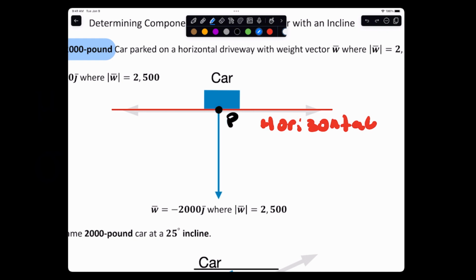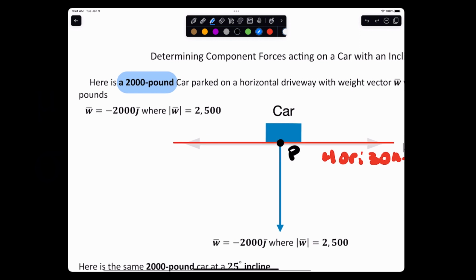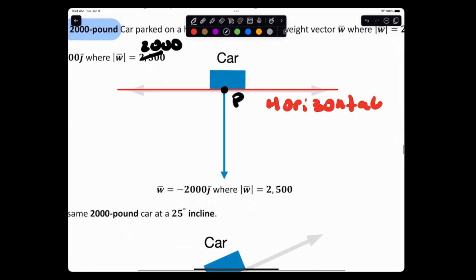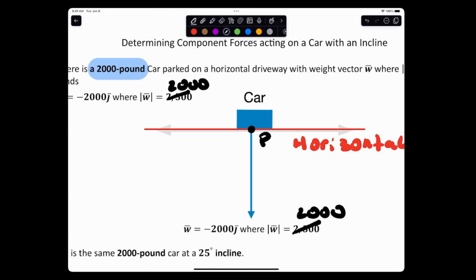There's your weight vector. Where the magnitude, there's a typo. Darn it. That should be 2,000. Note to self, fix those typos. So the magnitude of that weight vector is 2,000 pounds. Okay, you guys with me on that? So it's a vector that has magnitude and direction.